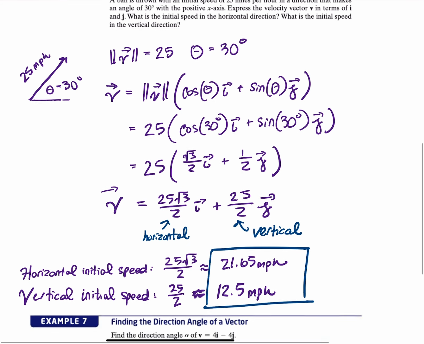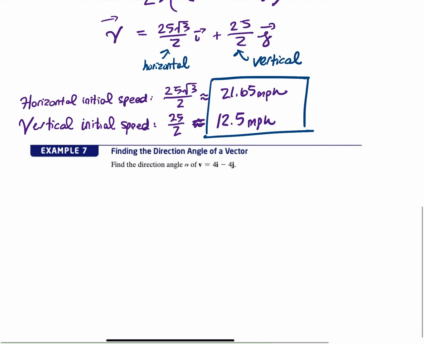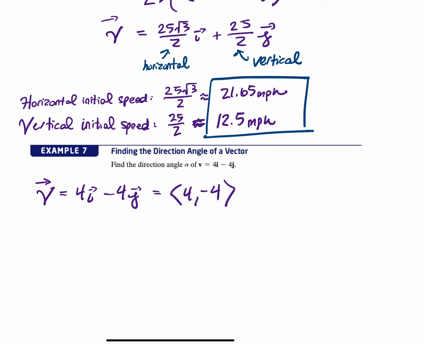Our last example just has us find the angle of a vector, the direction, given its description. So it says vector v is 4i minus 4j, or in component form that would be 4, minus 4. So we can imagine visually where this vector will terminate. 4, minus 4, that would put it in the fourth quadrant.